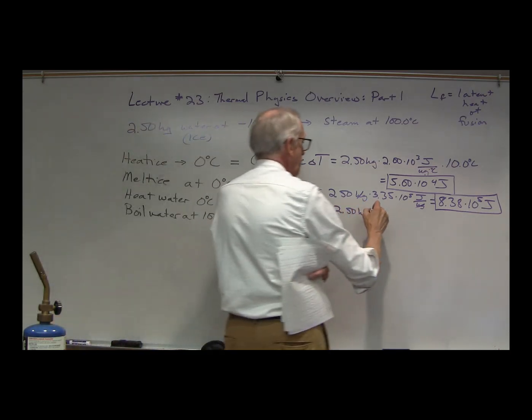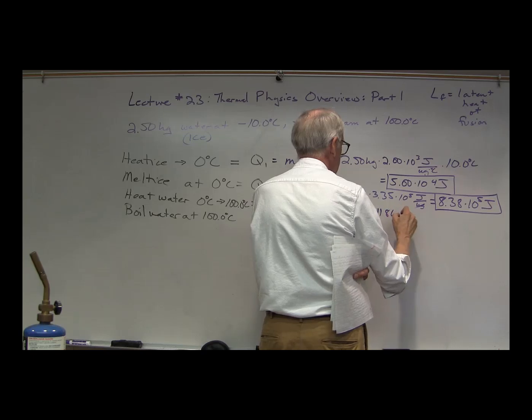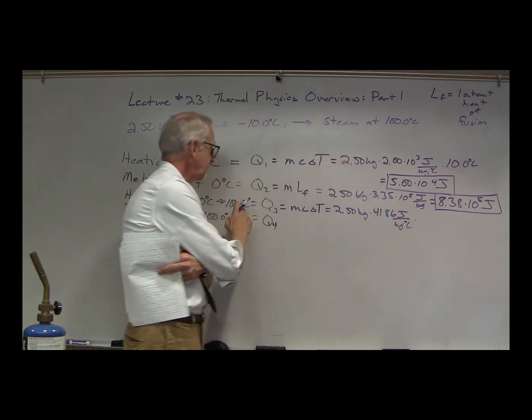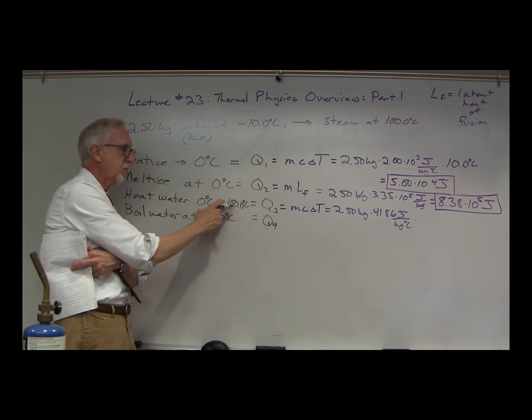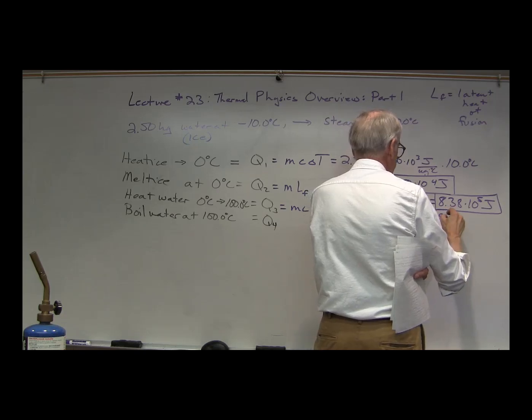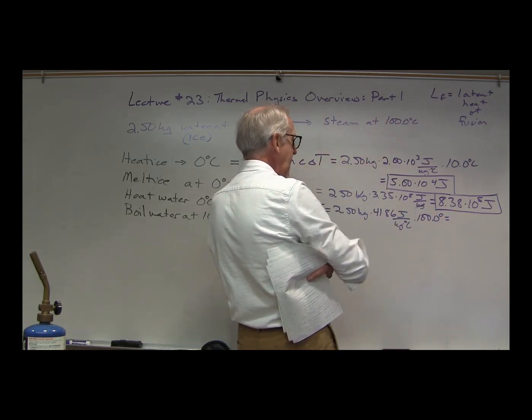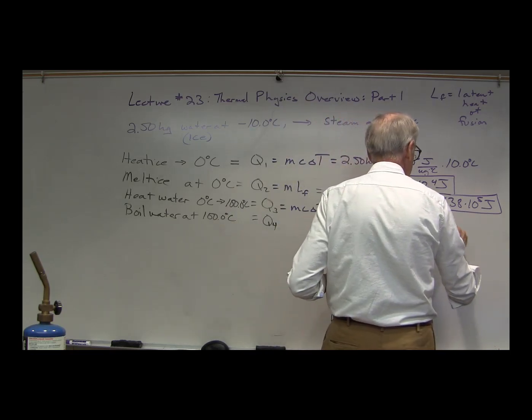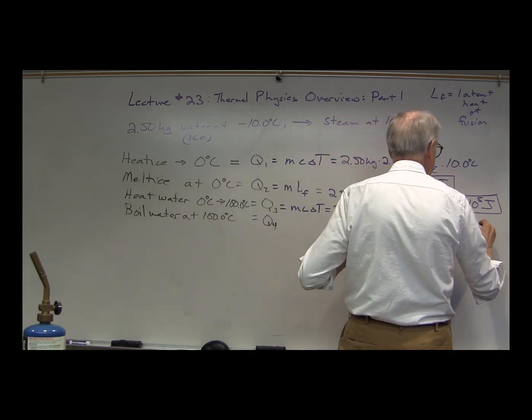So 4186 joules per kilogram degrees Celsius times delta T. What's delta T? We're going from 0 to 100 degrees, so delta T is 100 degrees. And multiply that out, and what do we get? We get 1.05 times 10 to the 6th joules.